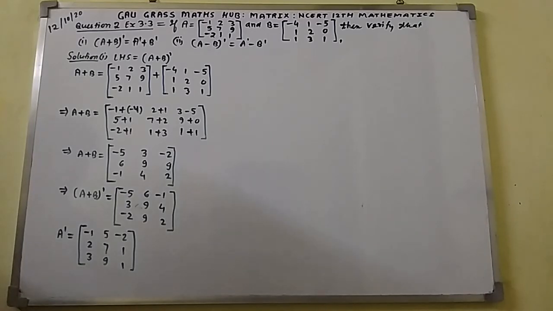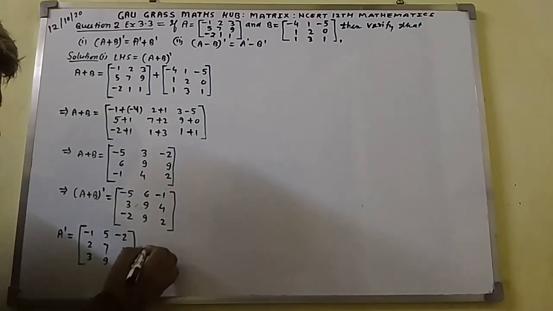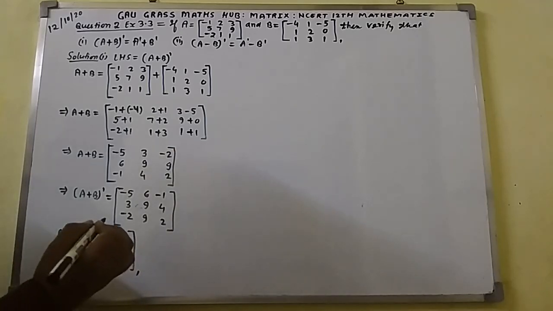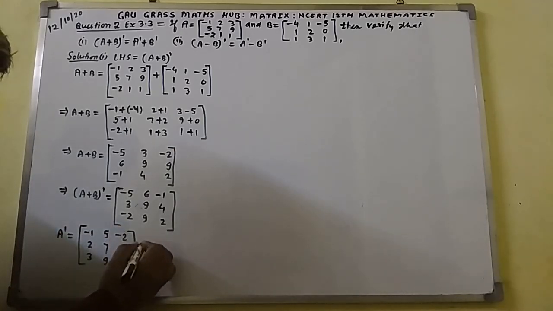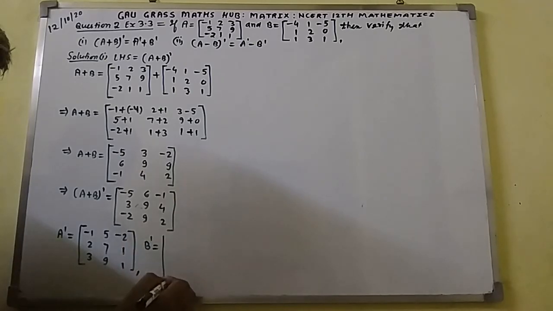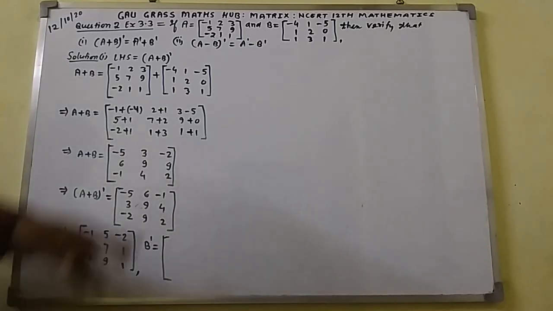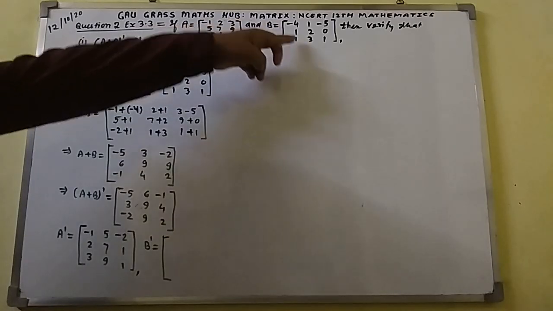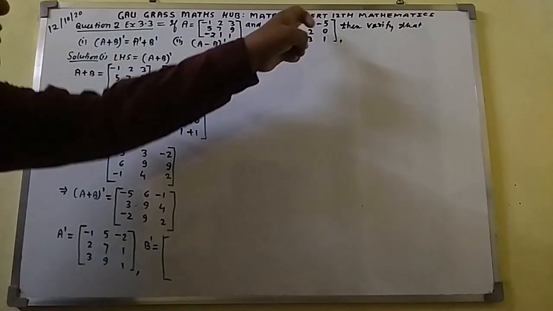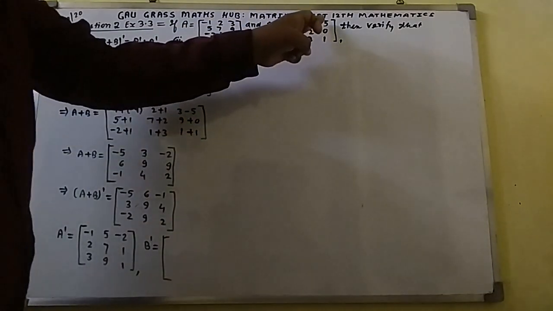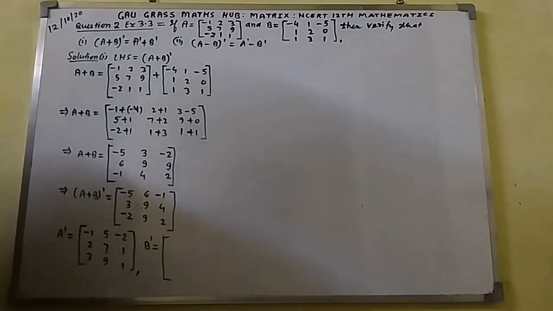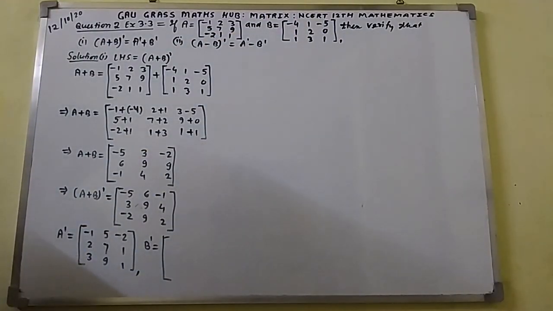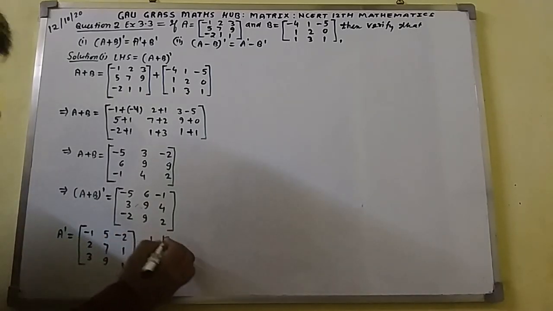Again I have to get here B dash. I shall write B dash equal to, here you can see B dash, this is the matrix. So here the first row will become the first column: -4, 1, -5.